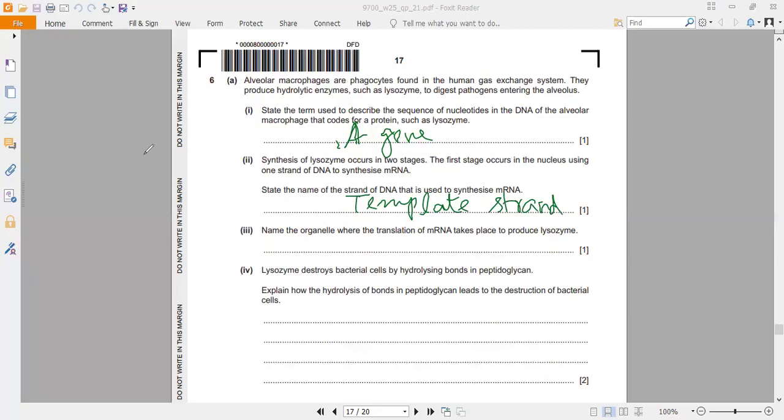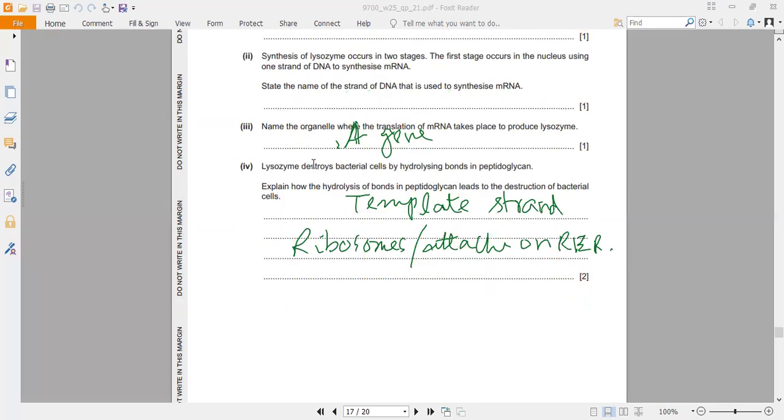Ribosomes are attached on the rough endoplasmic reticulum. So lysozymes destroy bacterial cells by hydrolyzing bonds in peptidoglycan.